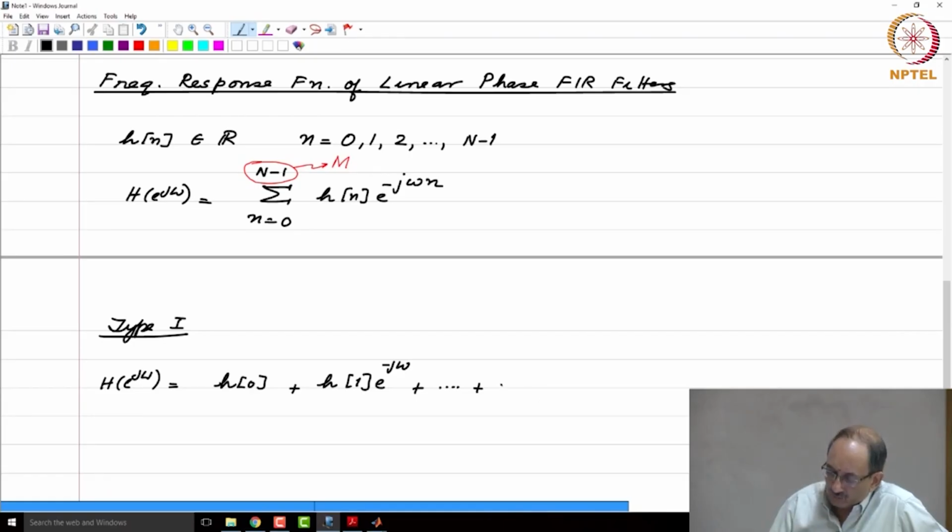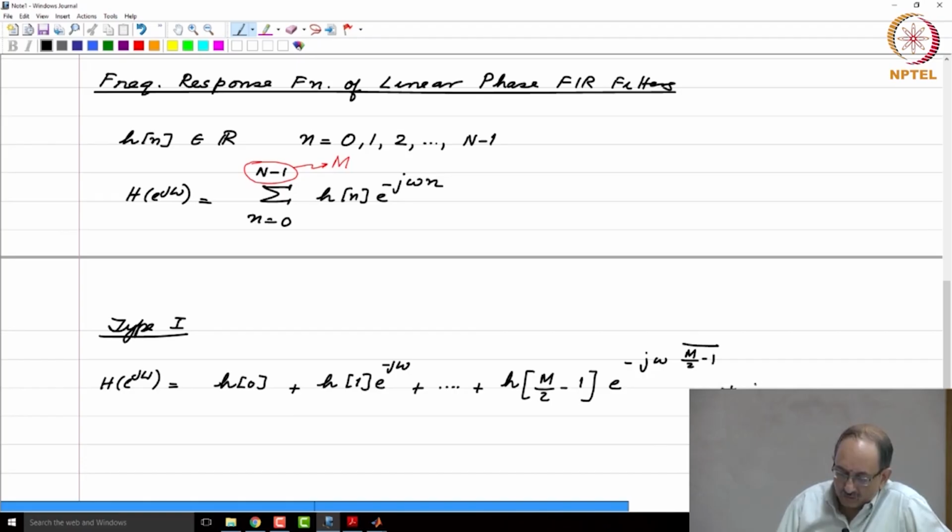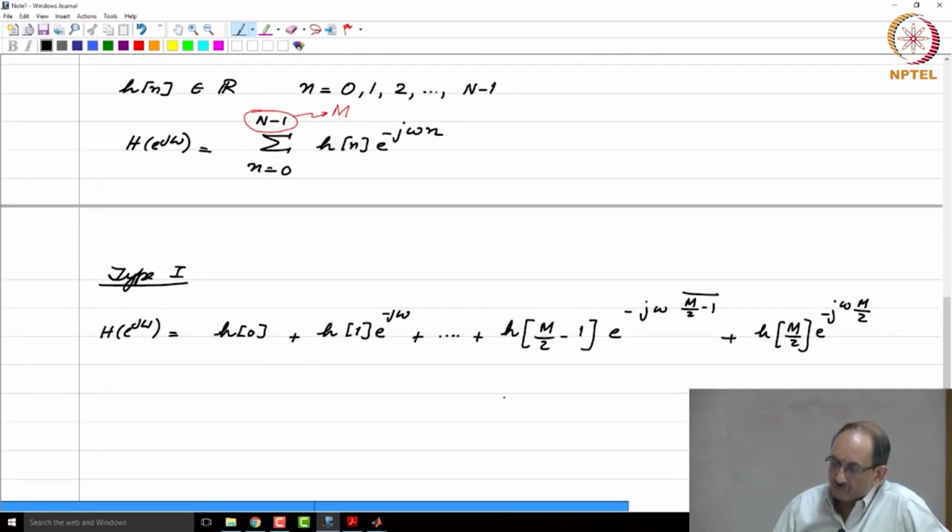So, we look at the penultimate term to the center sample. The center sample is h of M by 2. The previous sample therefore is h of M by 2 minus 1, e to the minus j omega (M by 2 minus 1), and then you have h of M by 2 e to the minus j omega M by 2.